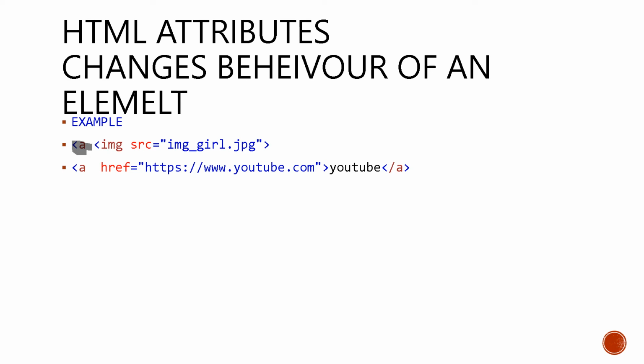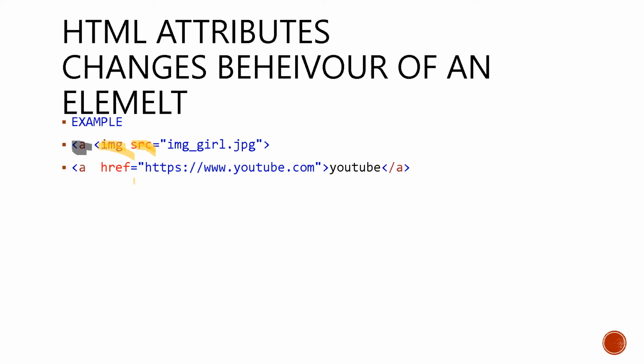For example, here image is an element and src is an attribute. The src is changing the behavior of the element.